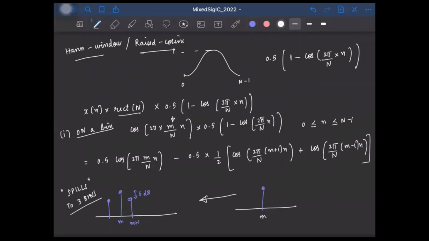Right? And obviously, with the rectangular window, if this had a strength of say 1, I'm just normalizing it to 1, here this will be half, right? And this will be what? 0.25, right?